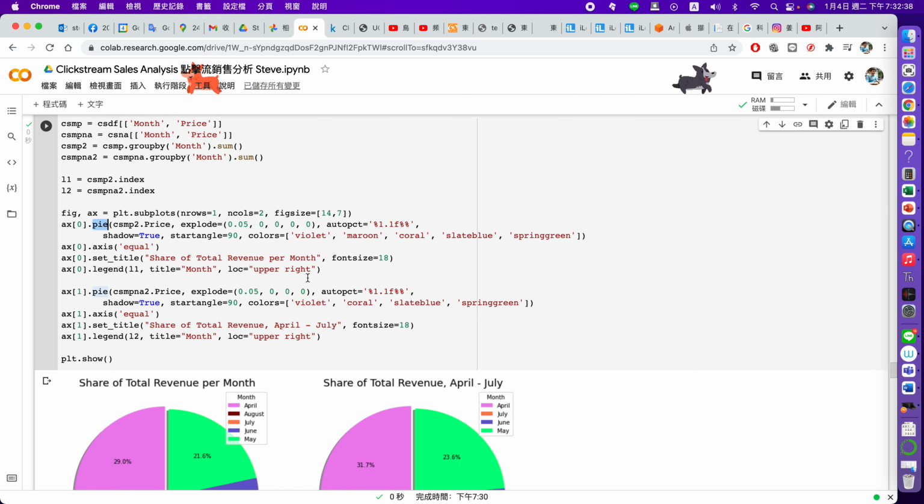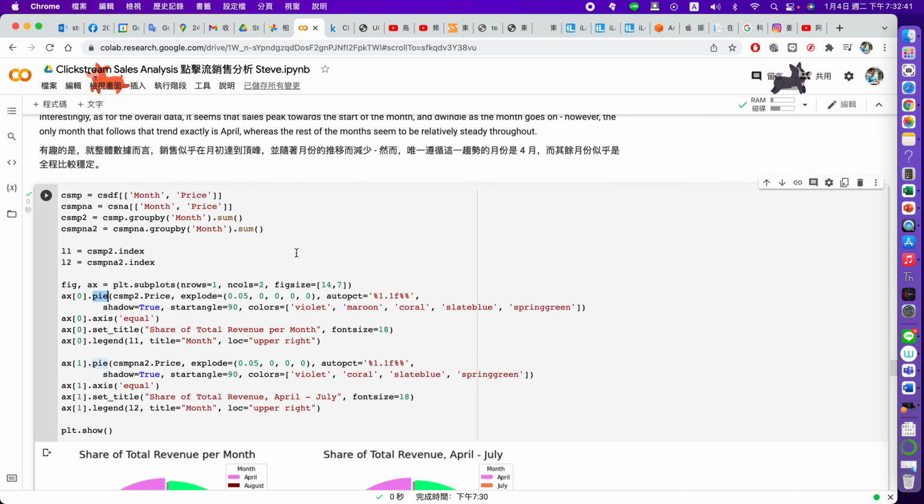With this diagram, first we generate two data sets. One is CSMP, and the other one is CSMP-NA.